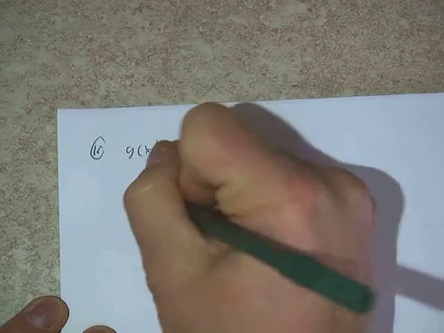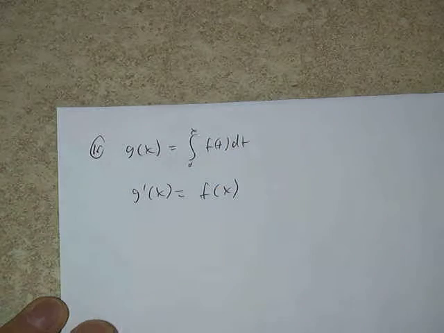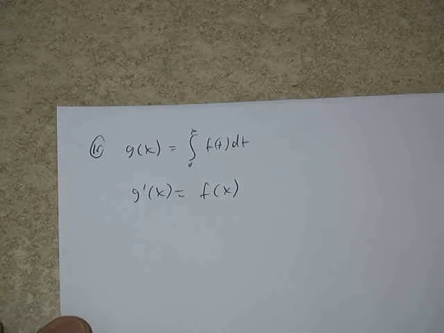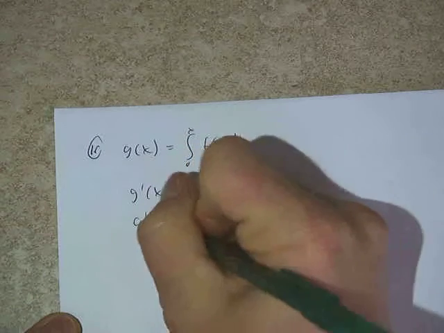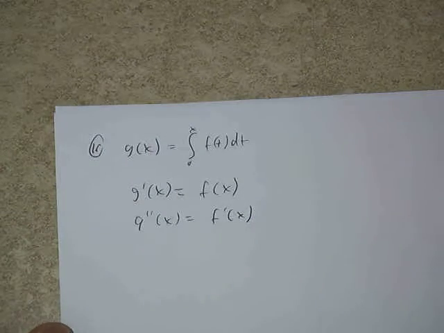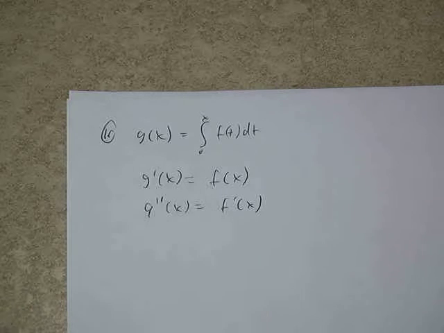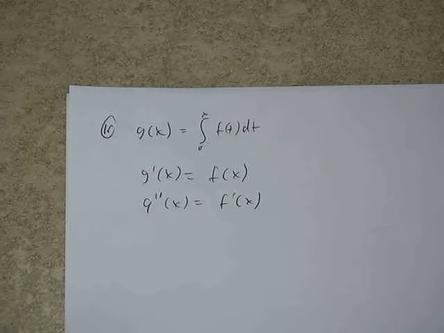If we use the fundamental theorem to find g's first derivative, we get f of x, the integrand evaluated at the upper limit. So g double prime, the second derivative, is going to be the derivative of f. The values of g double prime are based on the derivative of f, the picture that we see here.